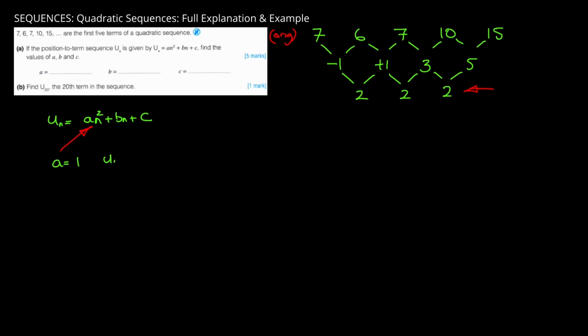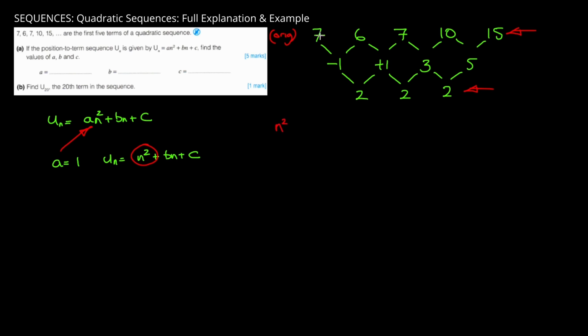So un is equal to n squared plus bn plus c. So we're on our way. Now then, as I indicated before, if I can remove the influence of n squared from our original sequence here, I would end up with a sequence defined as bn plus c.